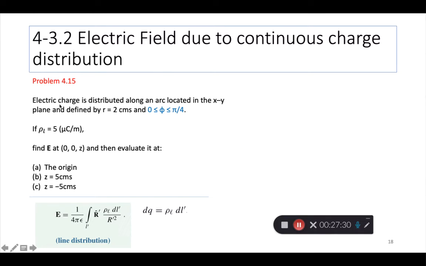All right, so I'm going to move on to slide 18, which is also a problem. This is along an arc located in the x-y plane, so we'll do this later on.